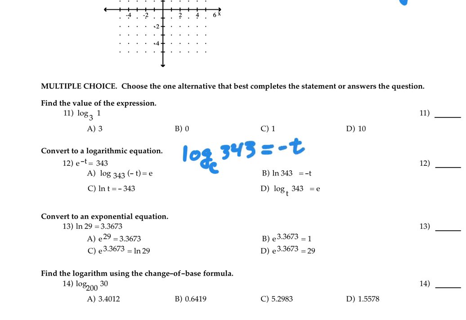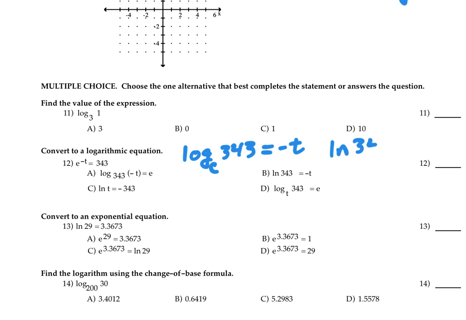There wouldn't be anything wrong with this if I used log, but I would have to put base e down there. If I put ln, I don't have to put base e because it's assumed to be base e. So either one of those would be acceptable answers, but because it's multiple choice, we would go with the one that is listed there, which is C. Or sorry, E. Oh, I wrote it out wrong, didn't I?